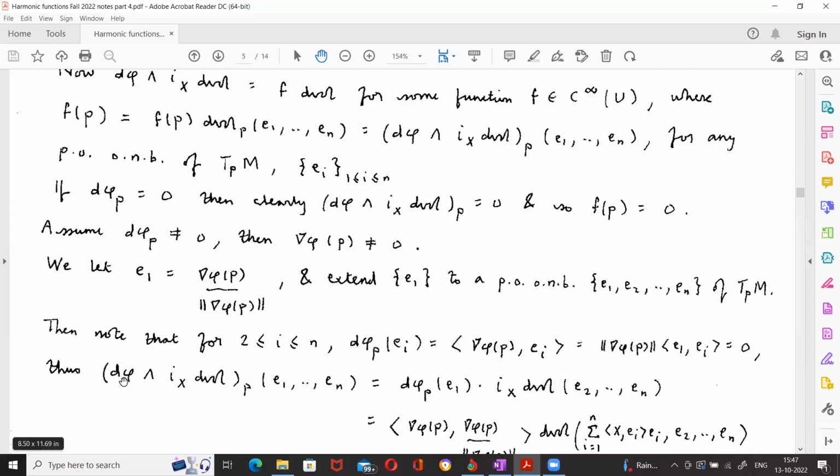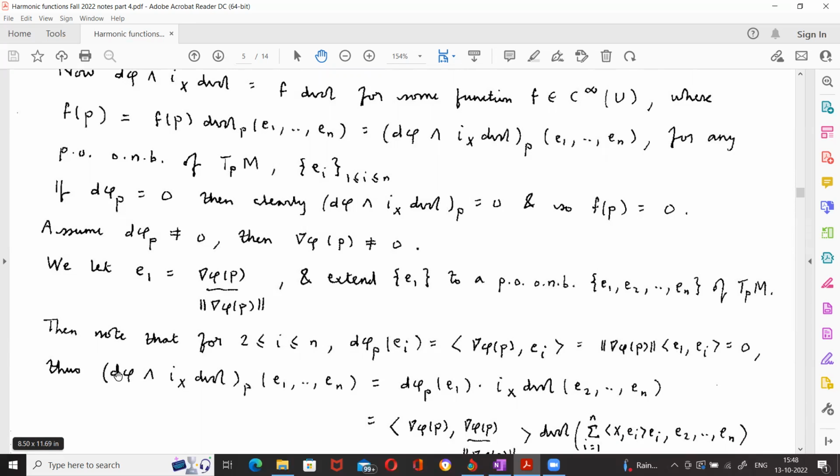Therefore, when we look at this wedge product, it means you take the tensor product and then apply the alt map. The alt map means you take permutations of the e_i and then apply the tensor product to them. But any permutation which sends e_2 or e_3 or e_n into the first spot is going to give me 0, because d phi of e_2, e_3 up to e_n is 0, right?